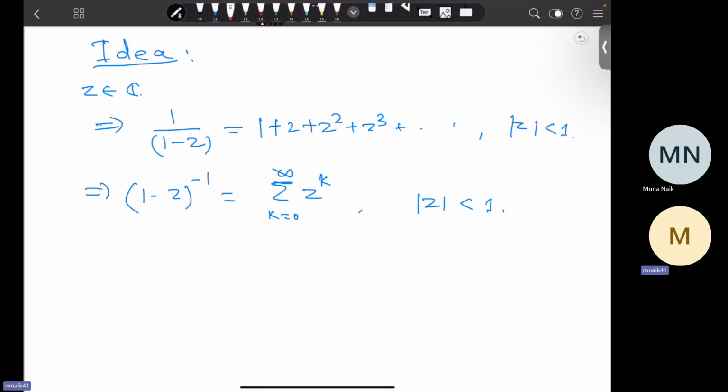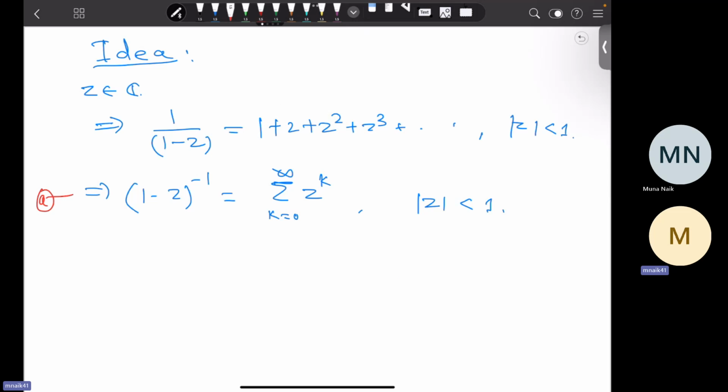Call this A. So what I'm saying is, if mod Z is less than 1, the series sum of Z to the power K, K equal to 0 to infinity, is absolutely convergent, and this is equal to 1 minus Z inverse.